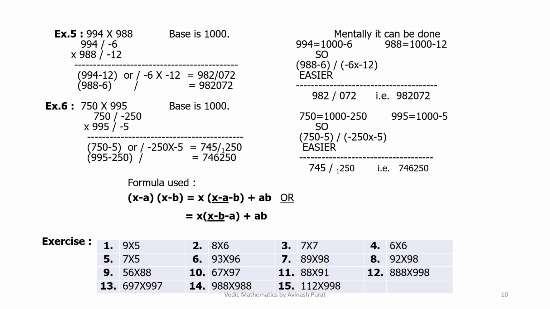Sixth example, 750 multiplied by 995, base is 1000. So 750 stroke minus 250 multiplied by 995 stroke minus 5. So 750 minus 5, or 995 minus 250, stroke minus 250 multiplied by minus 5, that is 745 stroke 1250.